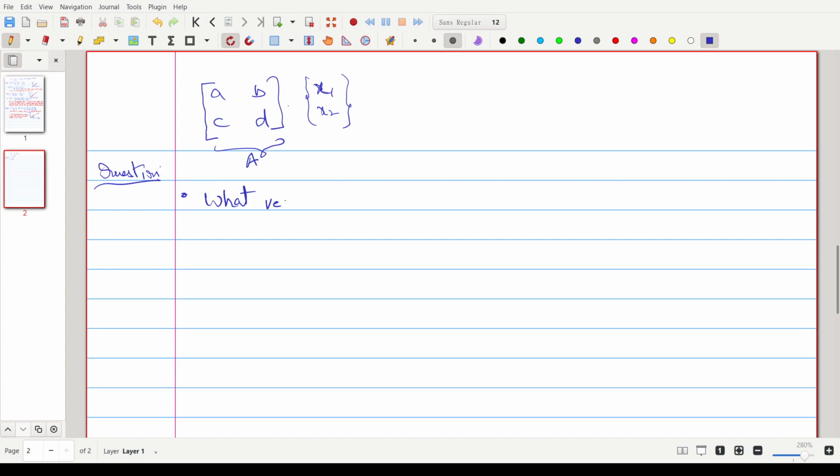What vectors are purely scaled by A, which is a transformation matrix, and not rotated?